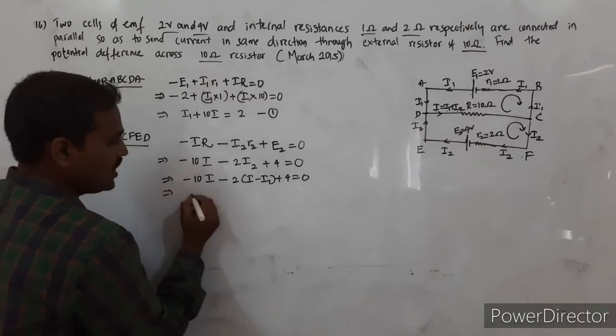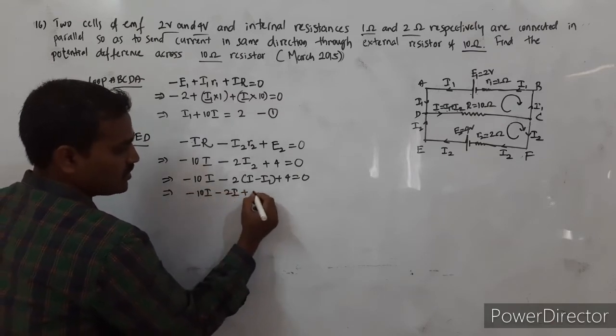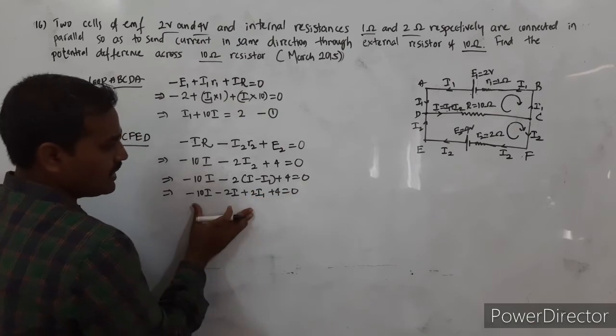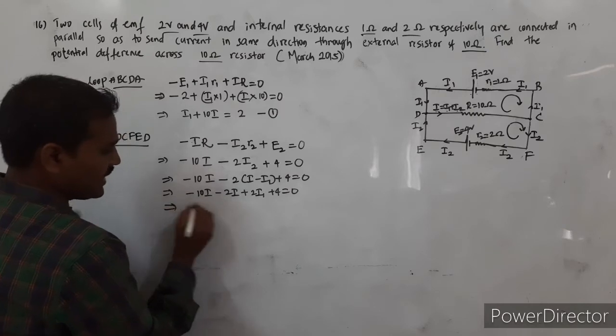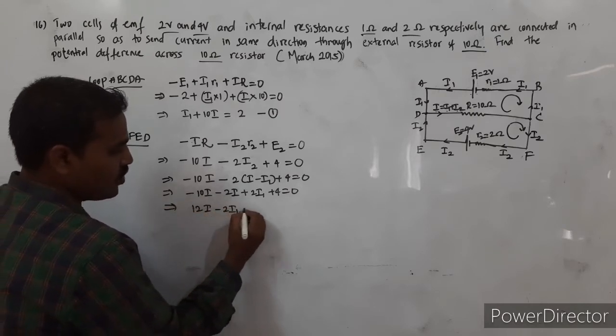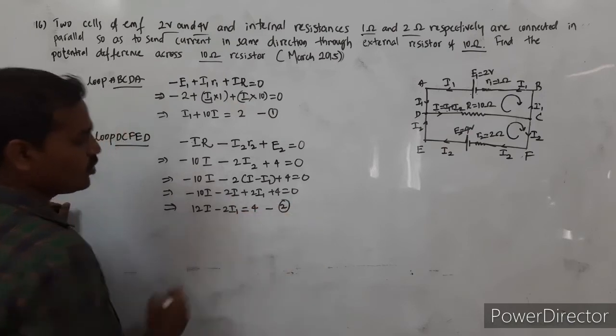Or I can write it as minus 10I minus 2I plus 2I1 plus 4 is equal to 0. Let us take these terms to the right side. I can write it as 12I minus 2I1 is equal to 4. Let this be equation number 2.